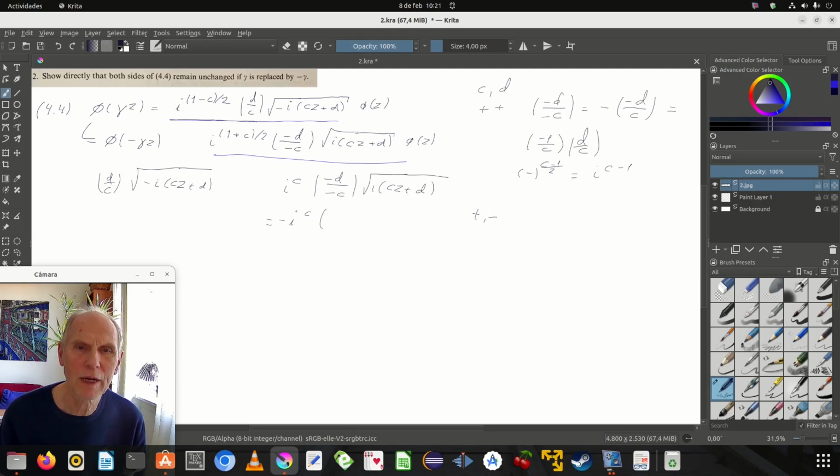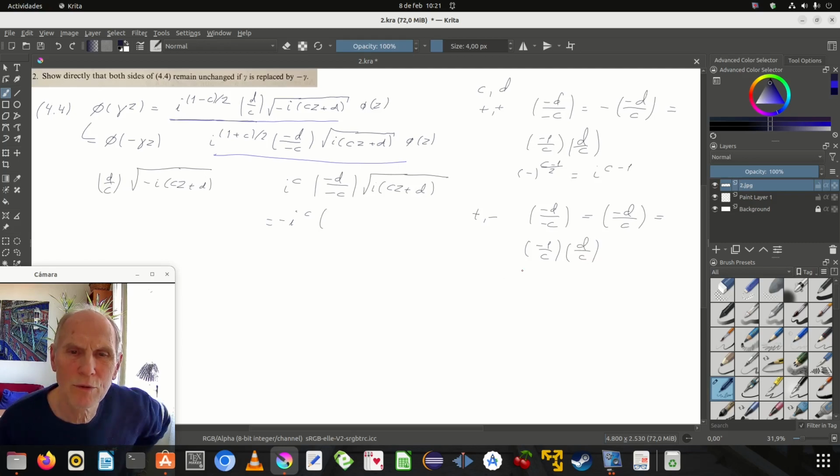Now if it's plus minus, then this is positive, so I think it's the same as minus d over c. And since d is positive, we can write it like minus 1 over c, d over c.